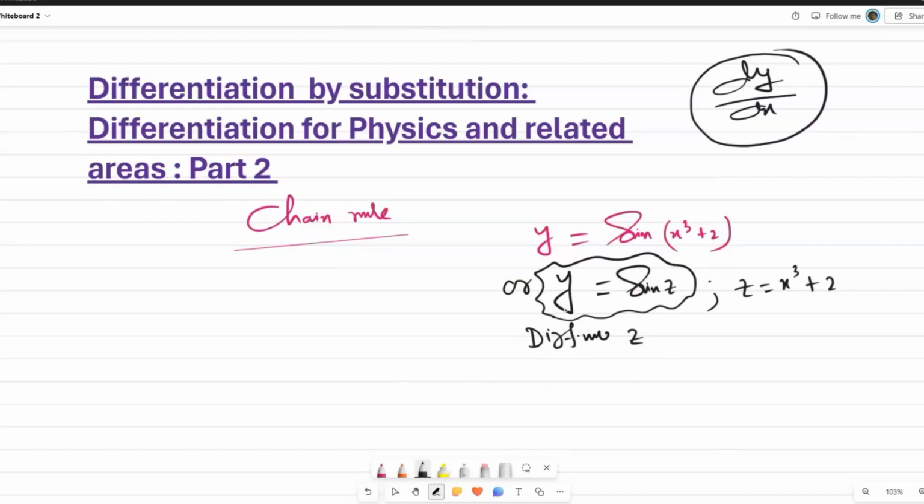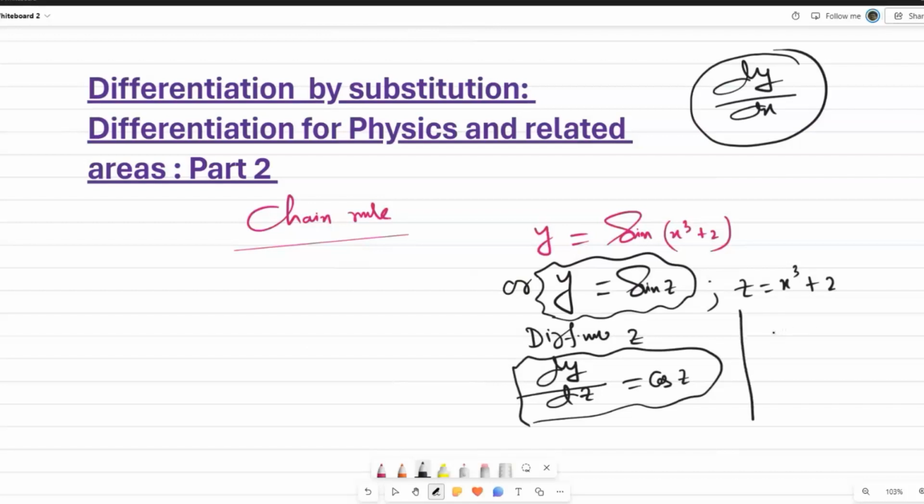Here we'll differentiate y with respect to z. So dy by dz will be cos z, because the derivative of sin x is cos x, just the variable is changed. For z, it will be cos z.